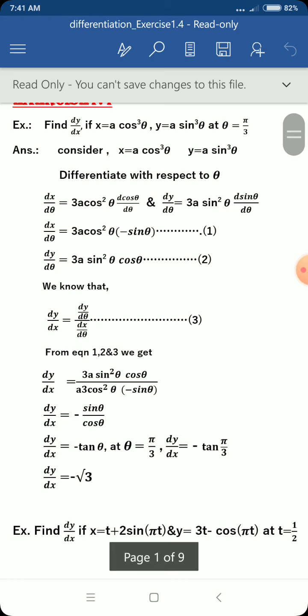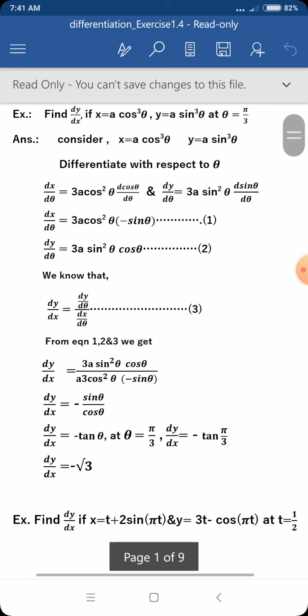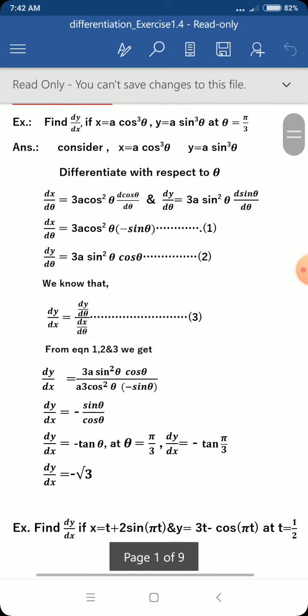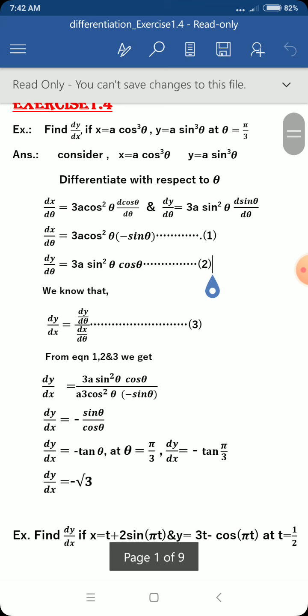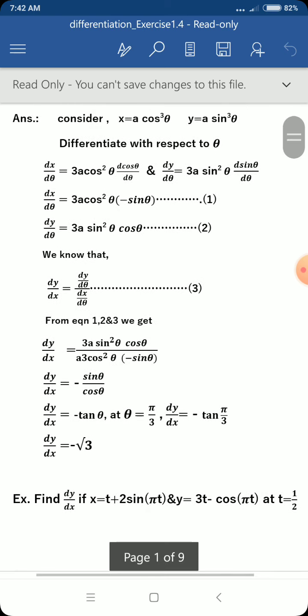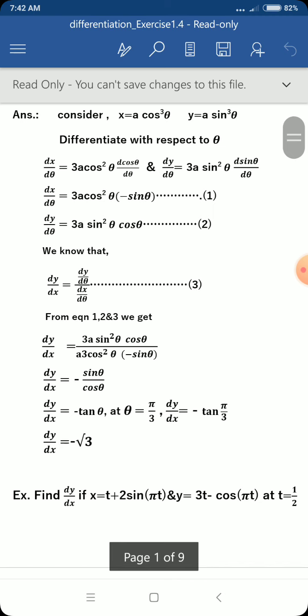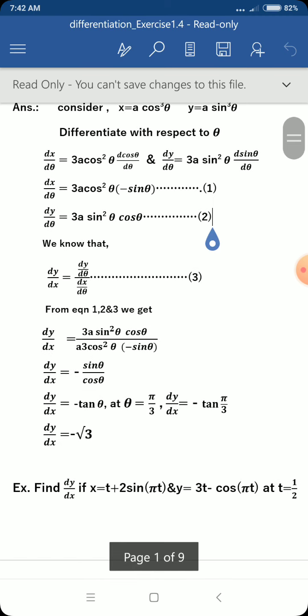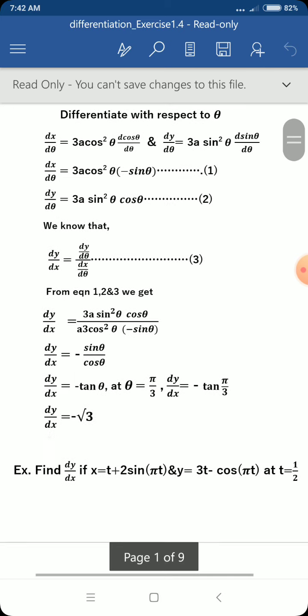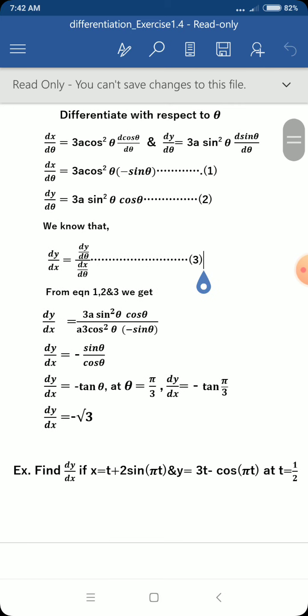Therefore, the derivative of sin cube theta is 3 into sin square theta into d by d theta of sin theta. That is, dy by d theta is equal to 3 into a into sin square theta into the derivative of sin theta, which is cos theta. Call this equation the equation second.